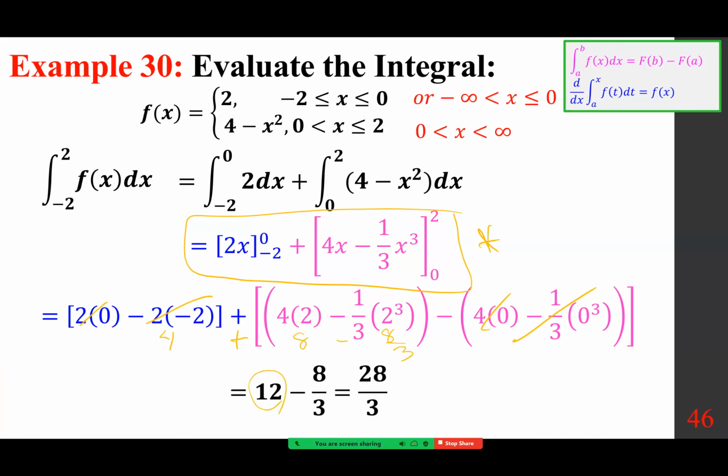And 12 is 36/3 minus 8. 36 minus 8 is 28. So 28/3. Very straightforward, everybody.